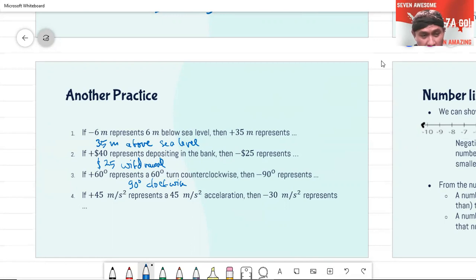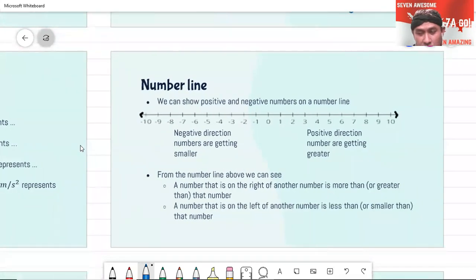If positive 45 meters per second squared represents a 45 meters per second squared acceleration, then negative 30 meters per second squared represents a 30 meters per second squared deceleration. Now, let's continue our lesson to the number line.